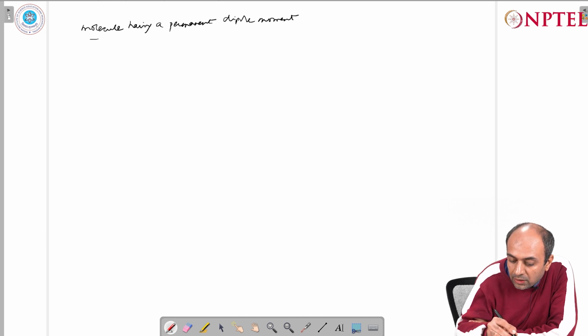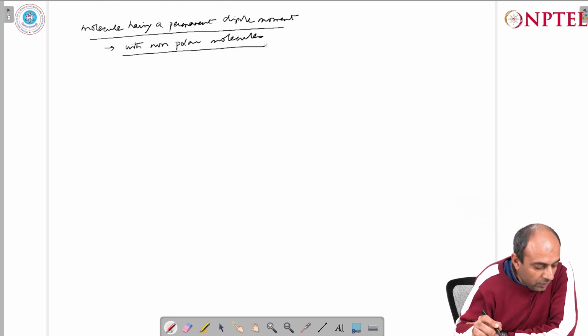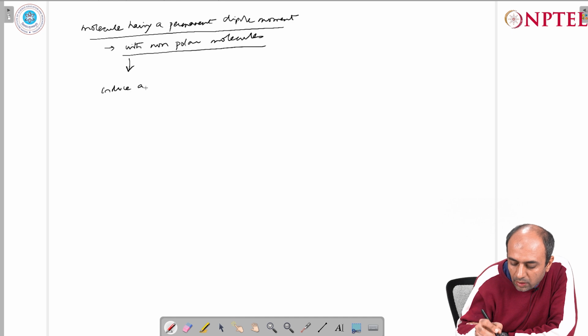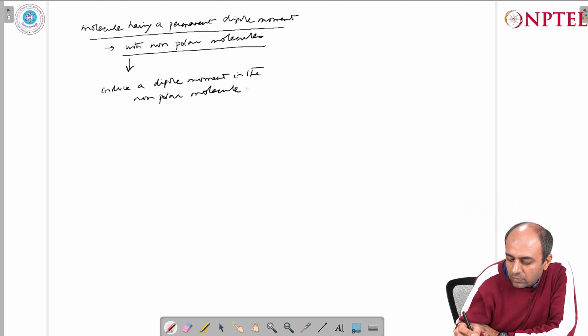That means molecules having a permanent dipole moment, when they interact with nonpolar molecules, can then induce a dipole moment in the non-polar molecule also.